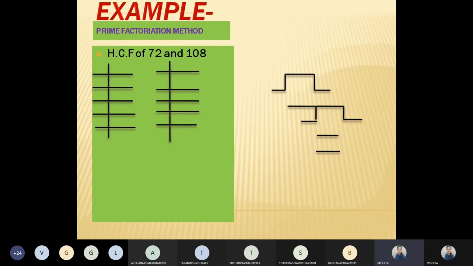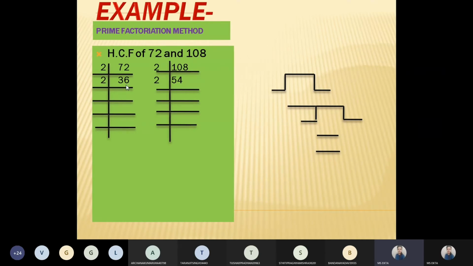Children, when we did the factorization, prime factorization is possible only if we take prime numbers only, like 2, 3, 5, 7, and so on. As we are doing the prime factorization of 72, we will start with 2. Is it divisible by 2? Yes. 2 36s are 72.